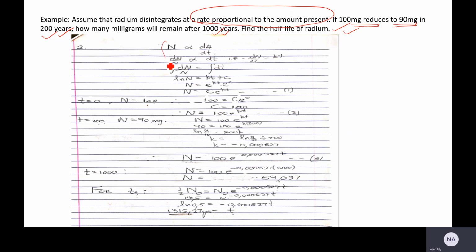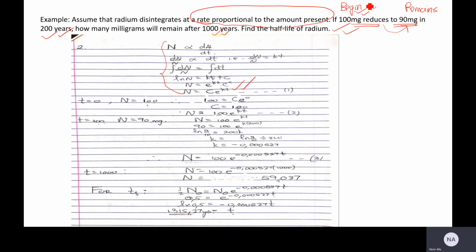Now, over here, I merely went through the derivation again, but we're going to use that formula. Let's see, do we have pieces of information? 100 milligrams reducing to 90 milligrams. So this is our beginning point, and that's how many remain after how many years? 200 years.